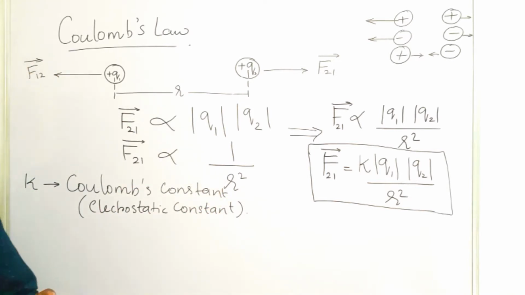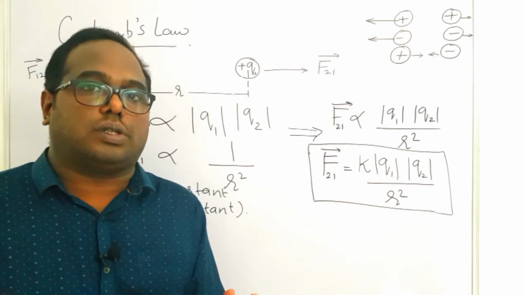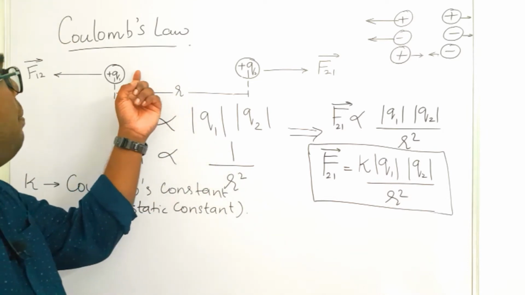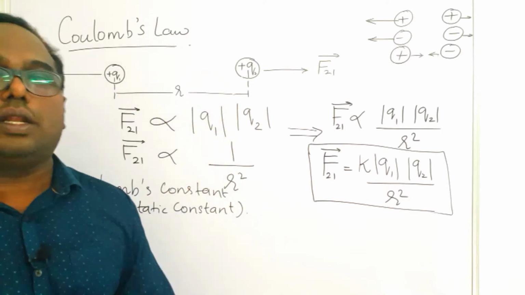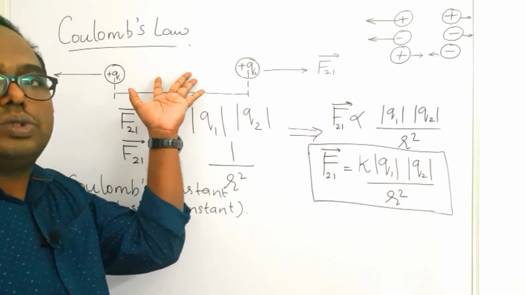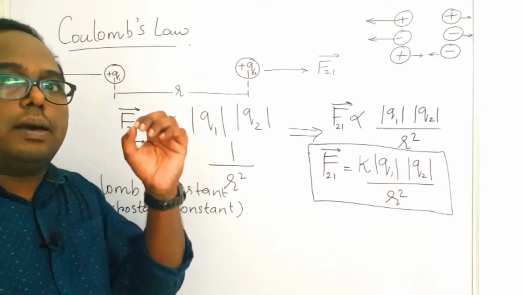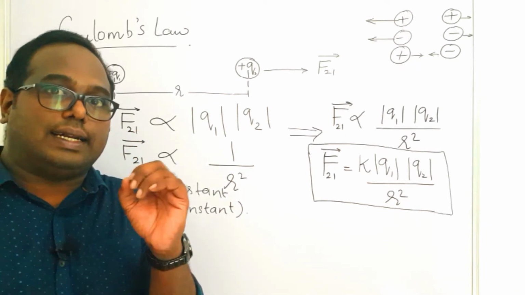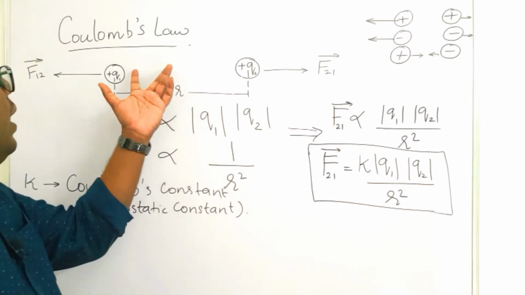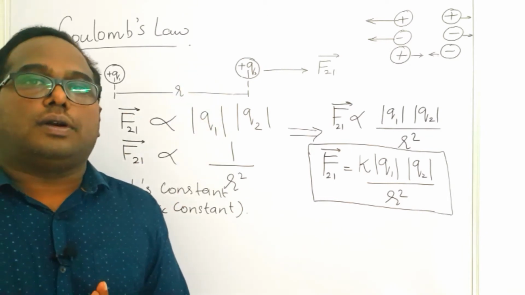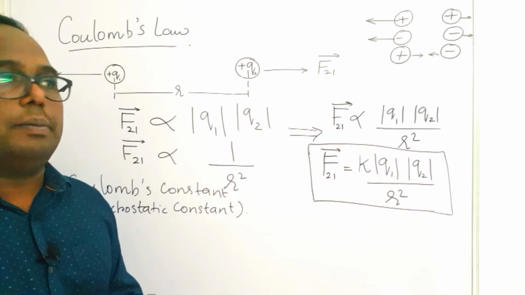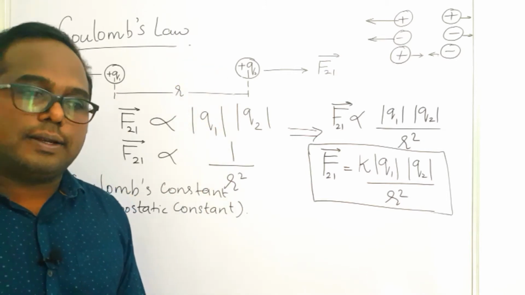This constant is not a universal constant, okay? It changes depending on the medium between these two charges. There is a property of that medium called permittivity. We will study that in detail in another video. For now, it depends on the property of the medium between these two charges. Clear?